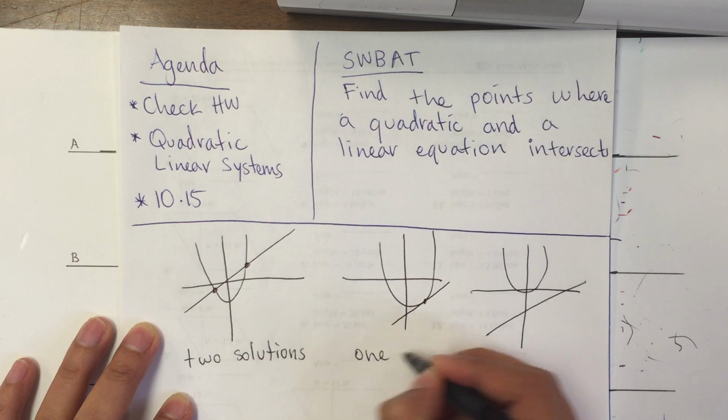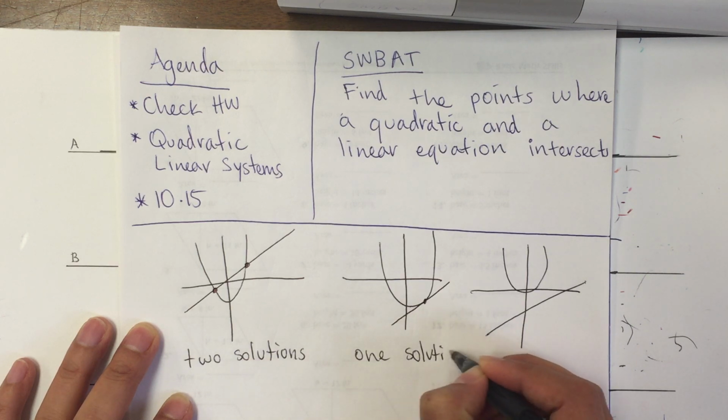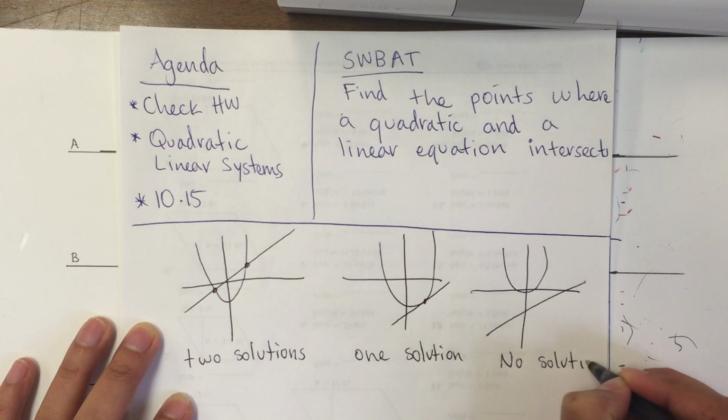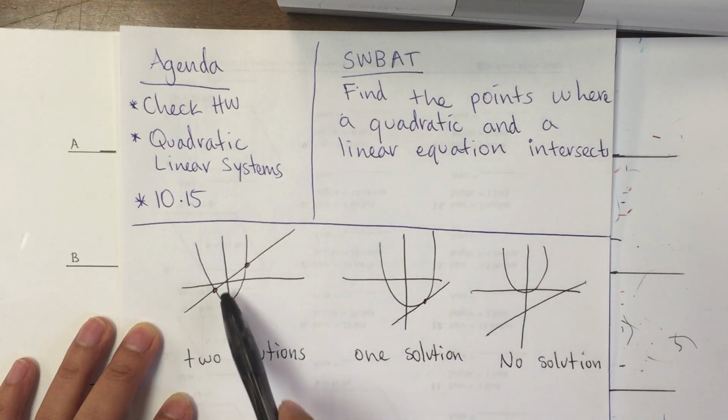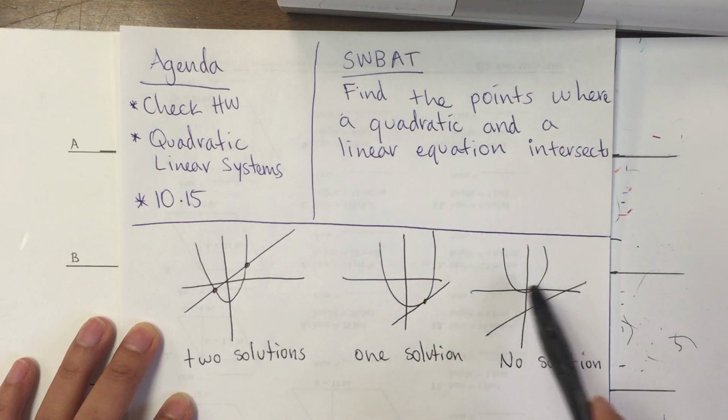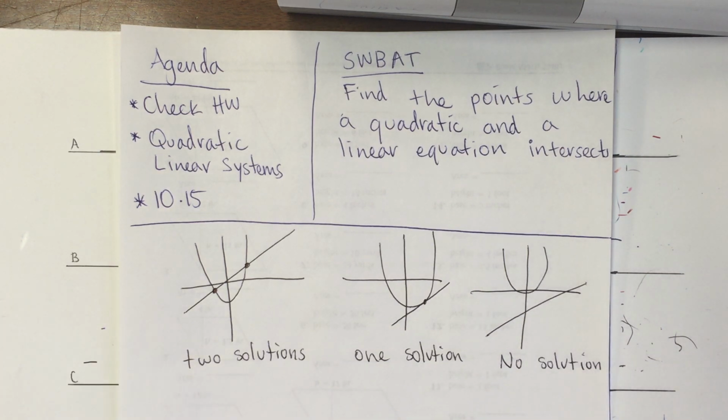So one solution or no solution. So it means that if you have 2 different points, you will have 2 solutions. If you have 1 point, 1 solution, and when they don't meet, that's no solution. It means they don't intersect at any point.